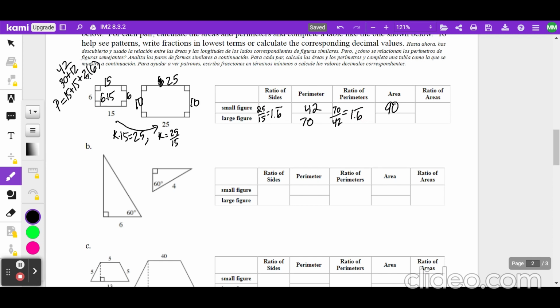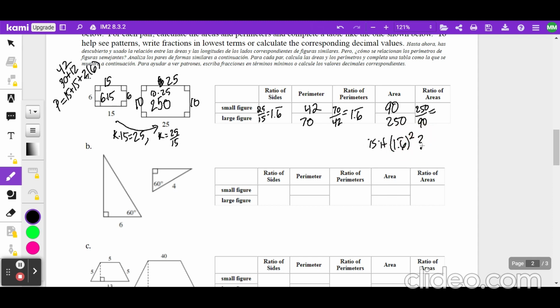Let's find the area. Okay, the area of the larger figure is 250. That's 10 times 25. Okay, 250. I'll do the ratio of the areas again. I'm going to put the large figure on top because that's just what I did when I was doing the ratio of sides. So 250 over 90. What's that equal? I have a prediction. Is it 1.6 repeating squared?